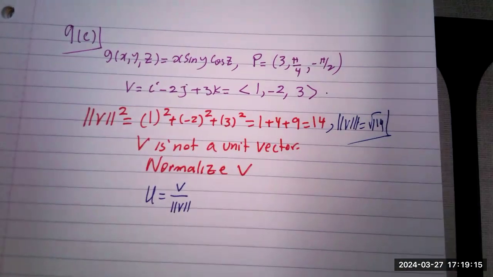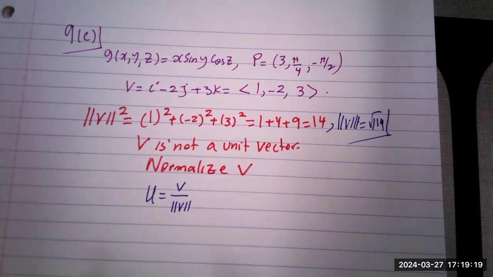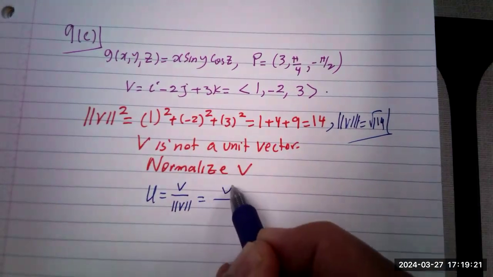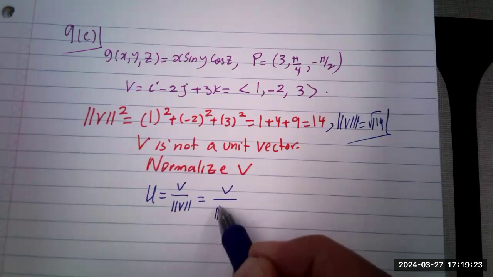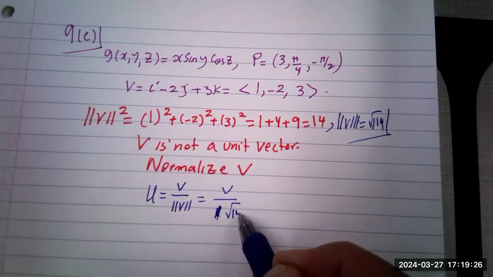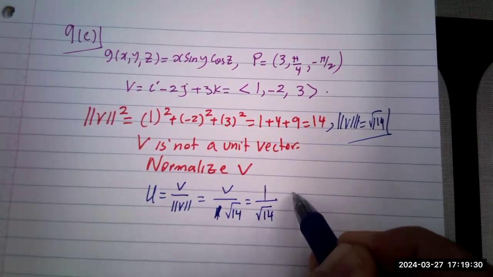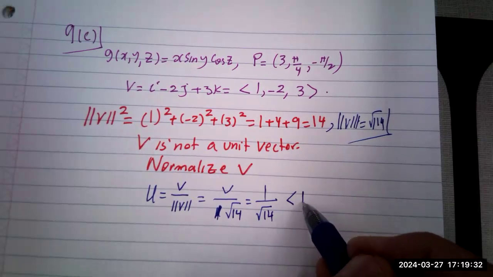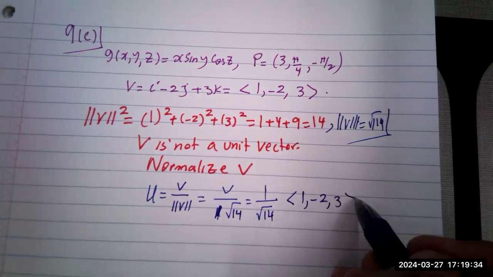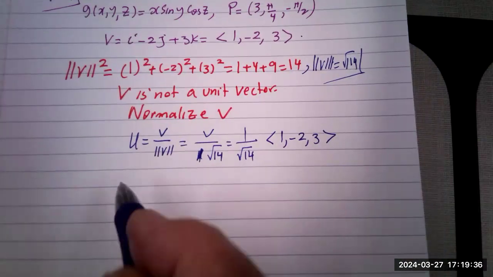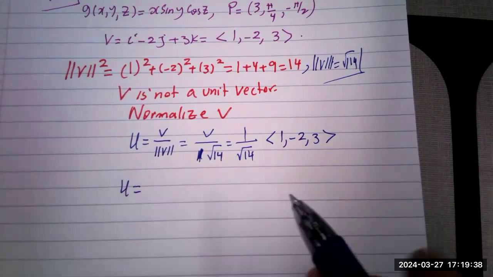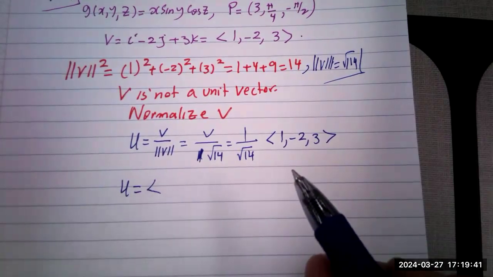That's correct, yes. So this is going to be v over radical 14, or 1 over radical 14 times v, which is (1, -2, 3). You multiply inside because you need v1, v2, v3 to get u1.